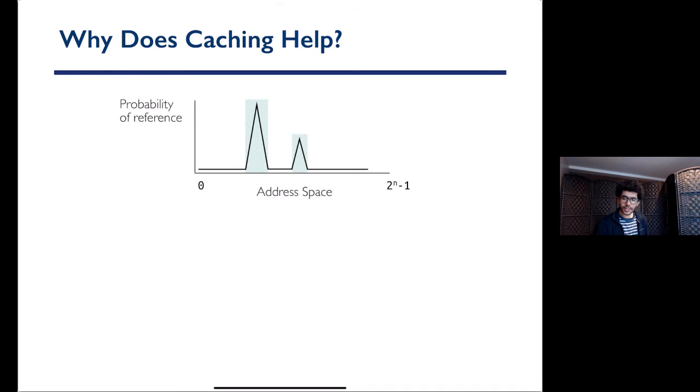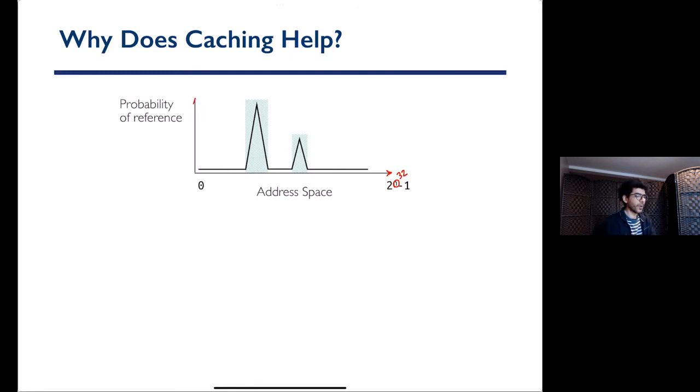Now, why does caching work? Initially, I told you the good candidates for caching are the ones that you frequently use. If you look at your access pattern, let's say this N is a 32-bit system, so all the addresses from 0 to 2^32 minus 1 are shown on the x-axis.